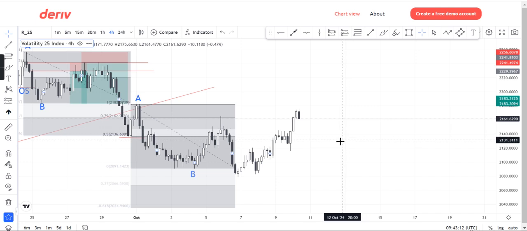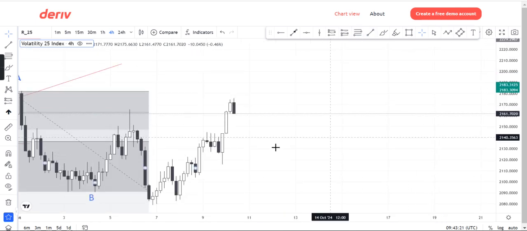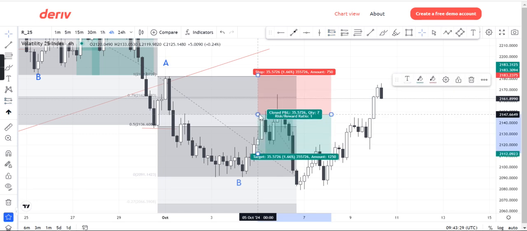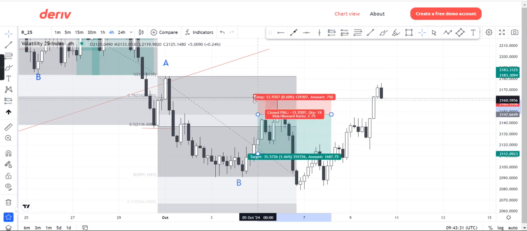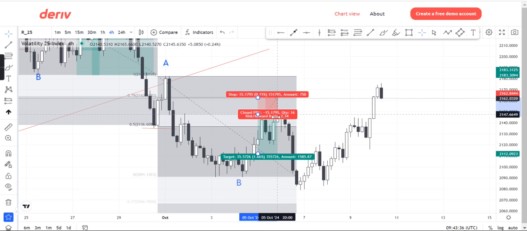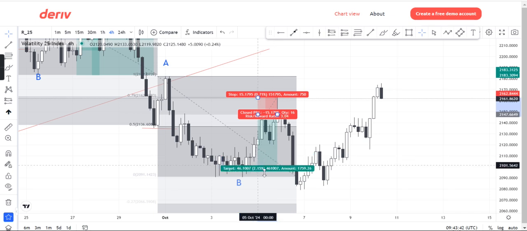And then for this particular market, two things happened, just like what happened on the initial trade. We had our entry at this point, and our stop loss got hit again.